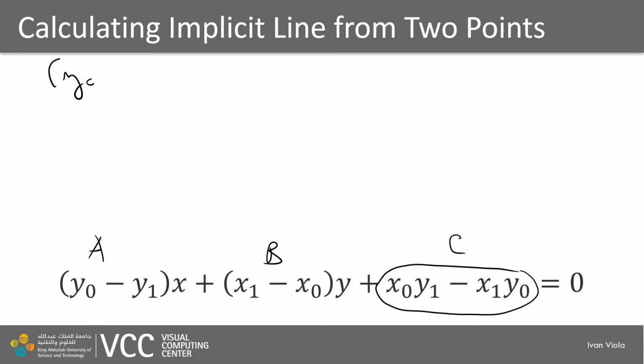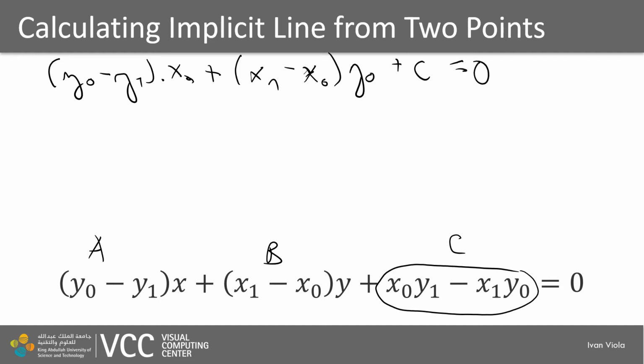So y0 minus y1 times, let's say, x0 plus, it could be the other point as well, x1 minus x0, y0 plus c equals 0.